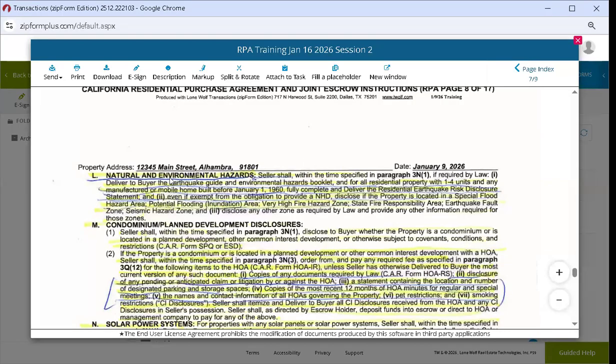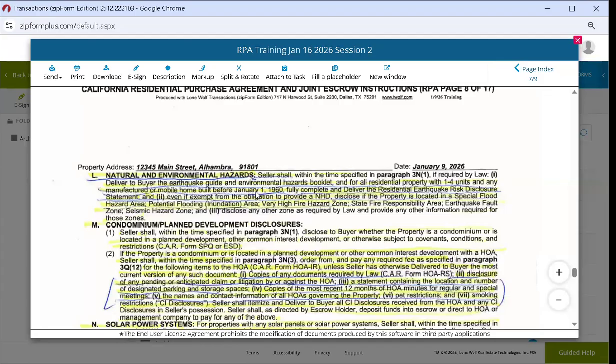Okay, so natural and environmental hazards. This is about the earthquake guide. The seller shall deliver the earthquake guide and environmental hazards booklet for all residential properties, one to four units, manufactured or mobile homes built before January 1, 1960.